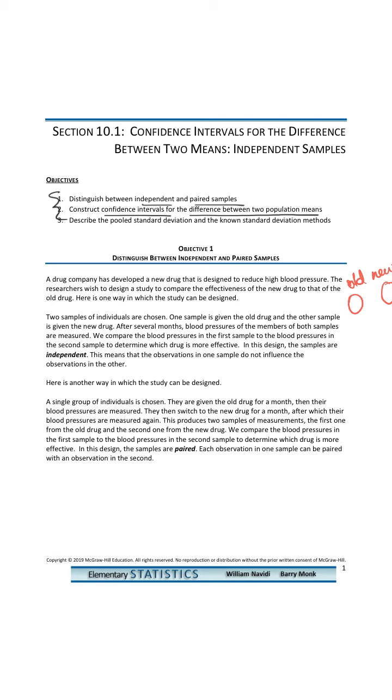After several months, blood pressures of the members from both samples are measured and they compare the blood pressure in the first sample to the blood pressure in the second sample to determine which drug is most effective.